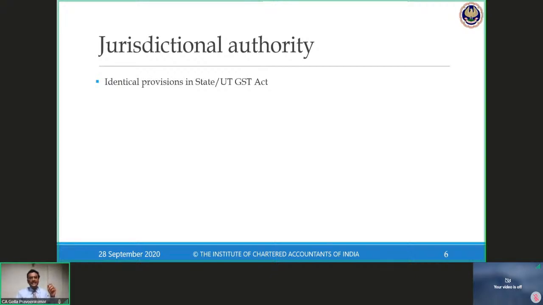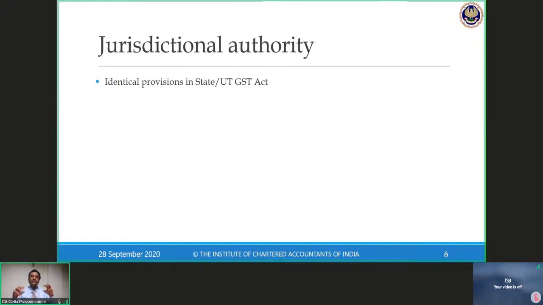Next, a few basic things. Jurisdictional authority. Couple of you will have a doubt how the legal proceedings will be done, whether it will be done by the CGST officer, will it be done by the SGST officer, will there be an officer appointed for integrated tax separately, what would be the exposure, what will be the amount quantified, will there be assessment under this law, all those questions will have an answer under this particular slide.